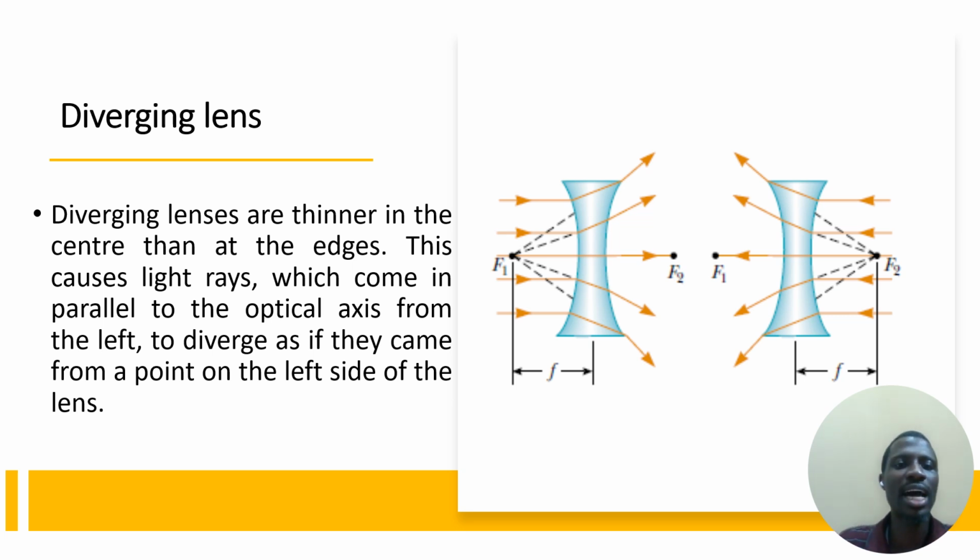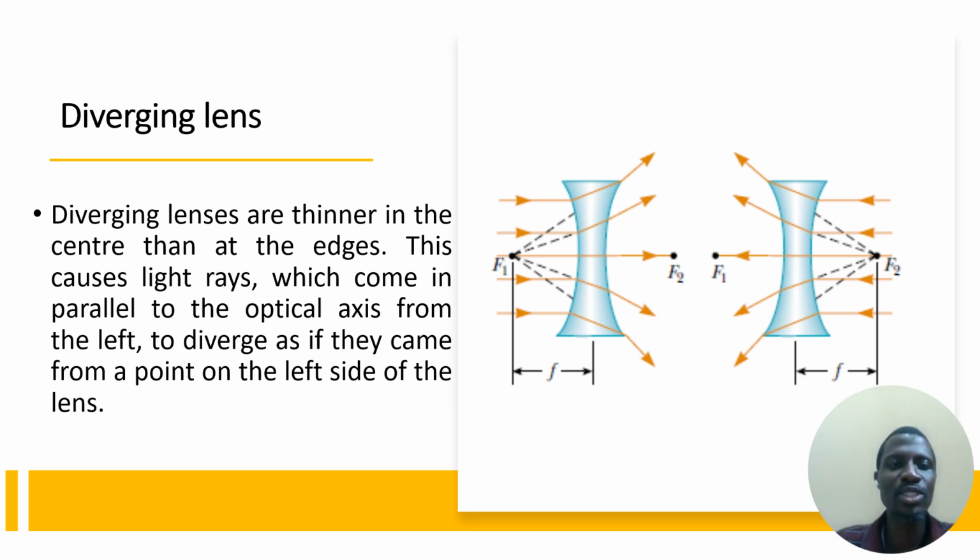Diverging lenses, on the other hand, are thinner at the center than at the edges. This causes light rays which come in parallel to the optical axis from the left to diverge as if they came from a point on the left hand side of the lens. And you see the focal point on the left as F1.